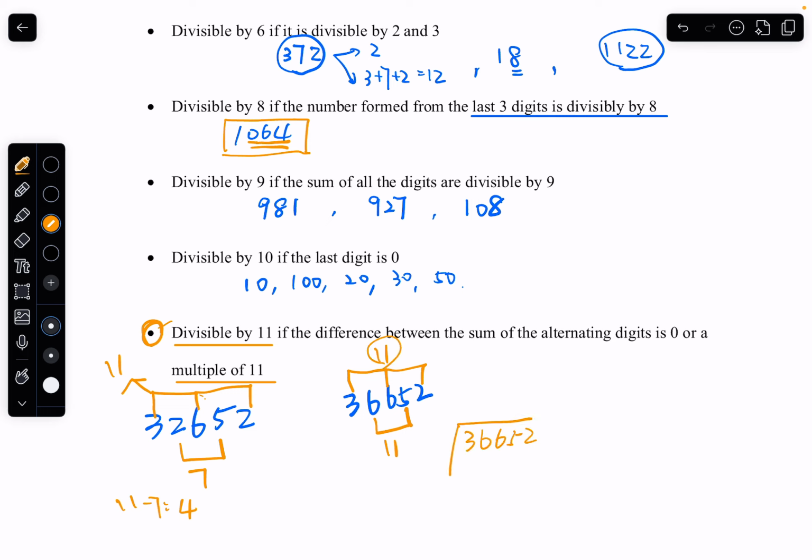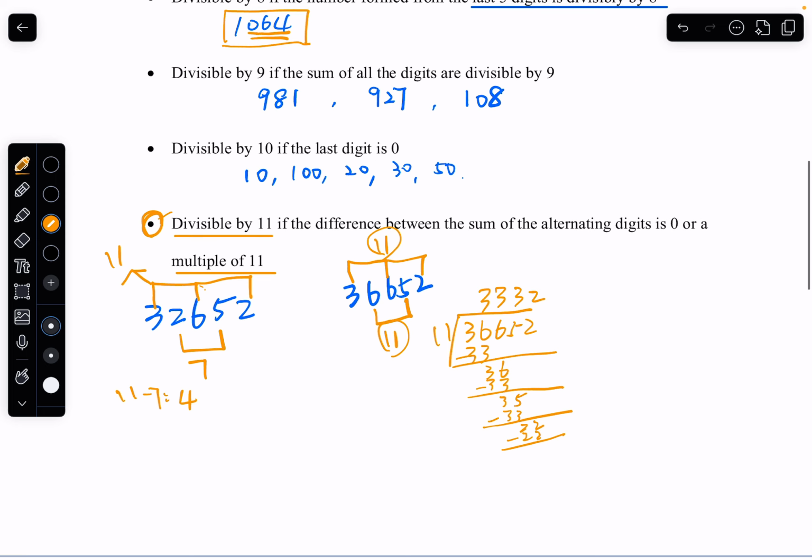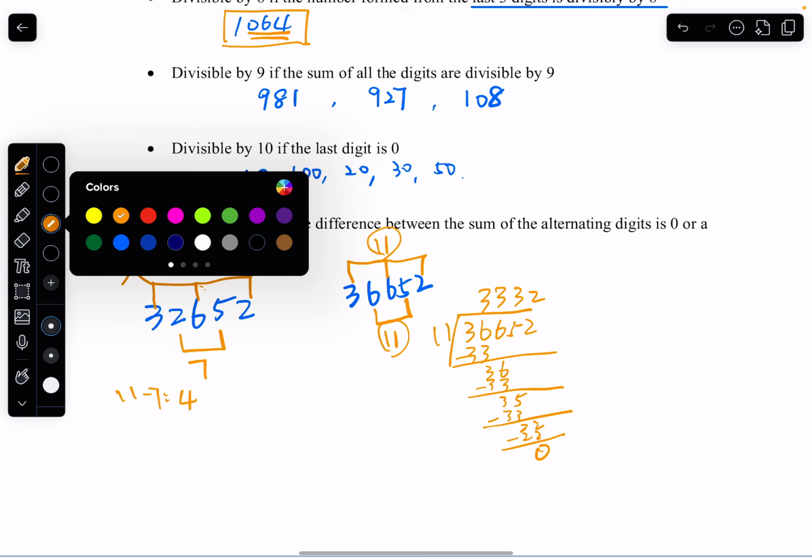Because 11 take away 11 is 0. Now we divide by 11. See? The remainder is 0. So we get it: 36652 is a multiple of 11.